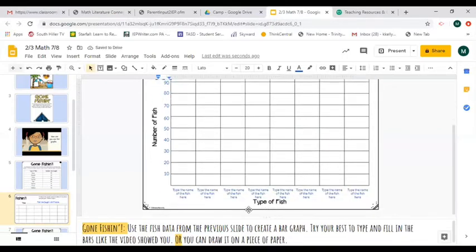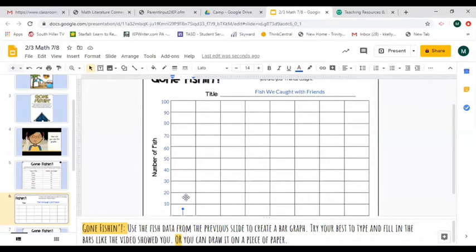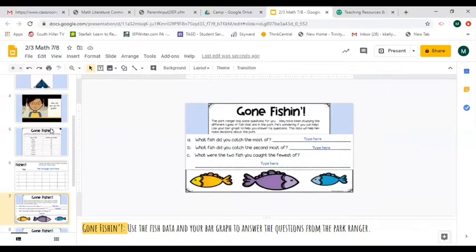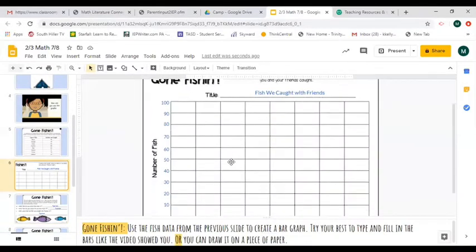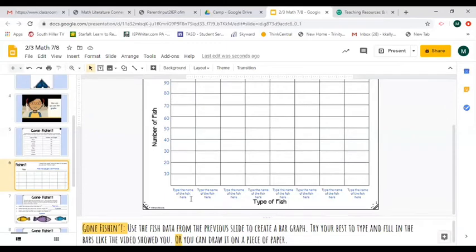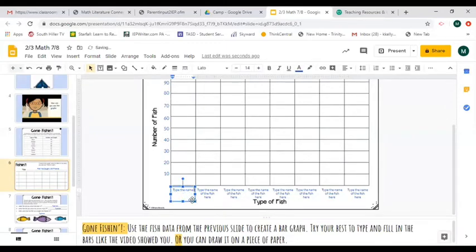Now I'm going to go down to the bottom and we have to type in the type of fish. So I'm going to start out with our first type of fish, which was bass. So our first box will be bass.